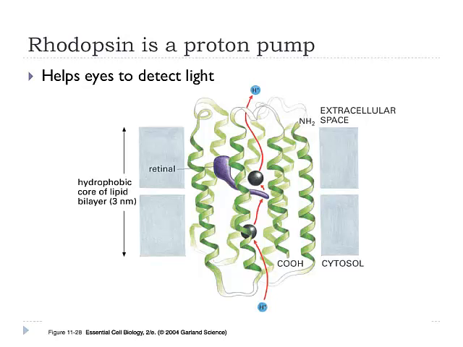So one example of this type of transmembrane protein that has many alpha helices that span the lipid bilayer is rhodopsin, and it helps the eyes to detect light. It has a region where it can bind retinol, and it pumps protons out into the extracellular space.